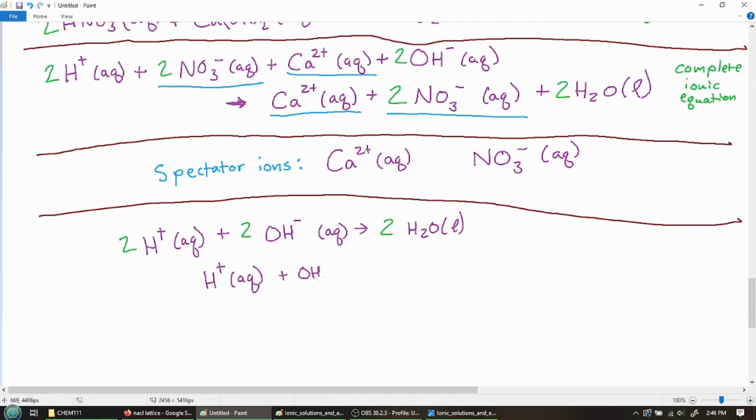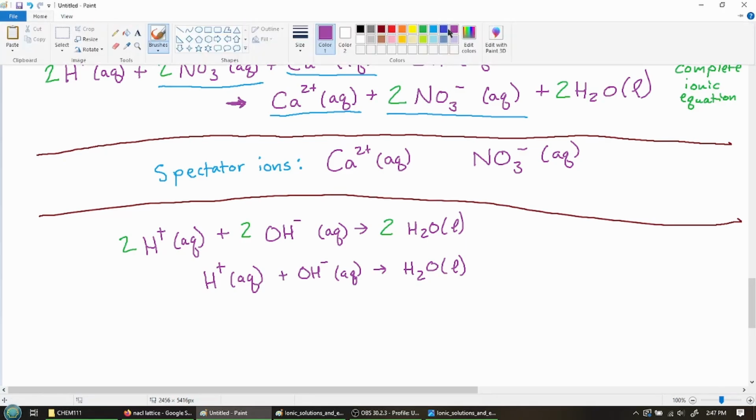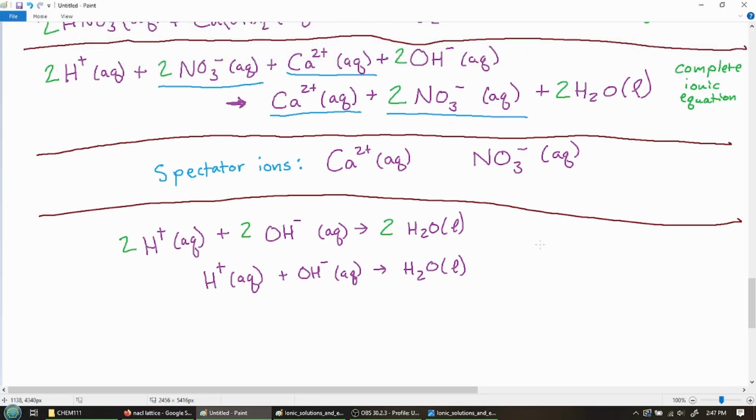But at this point, we could also say that the ratio of the net ionic equation is not 2 to 2 to 2, but rather 1 to 1 to 1. Either of these would be okay.